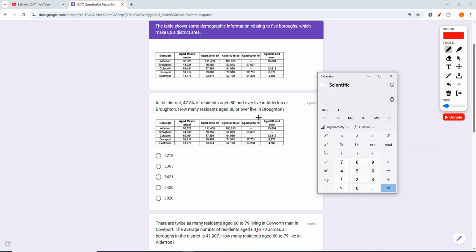How many residents aged 80 or over live in the district? Righty, okay. So doing it speed maths. 12812 plus 6872 plus 4886. Got it. So what's that? That is equal to 52.5%, 0.525.